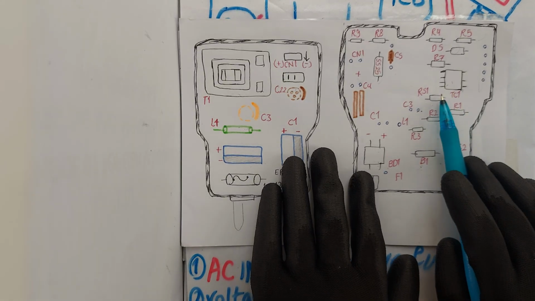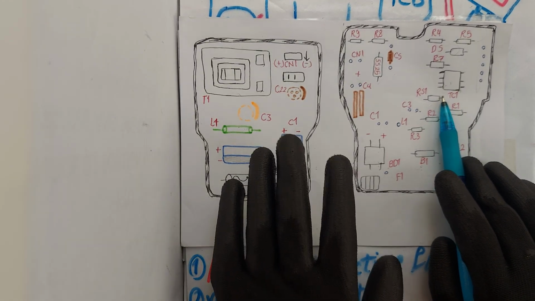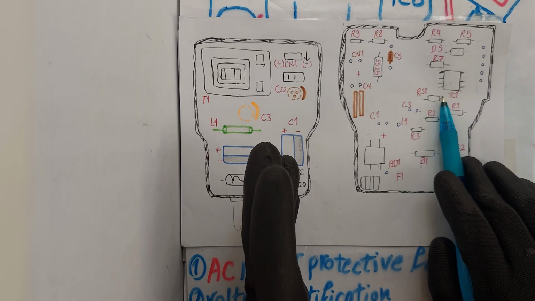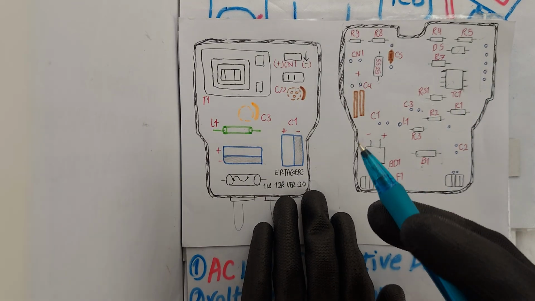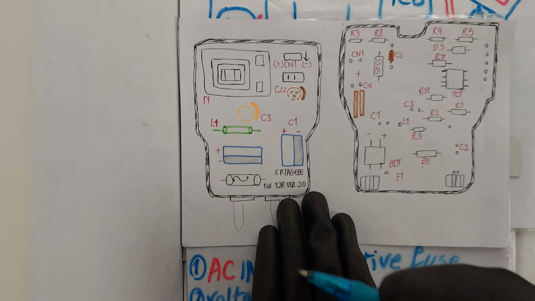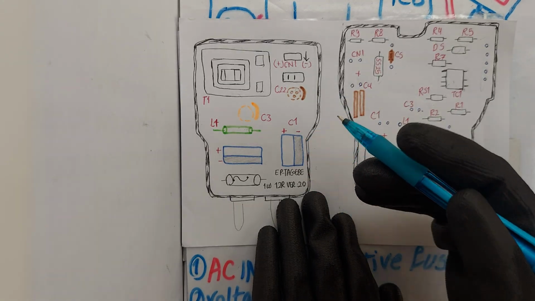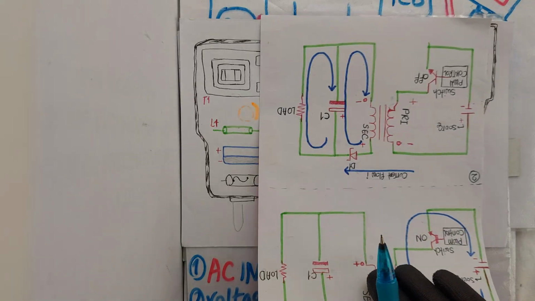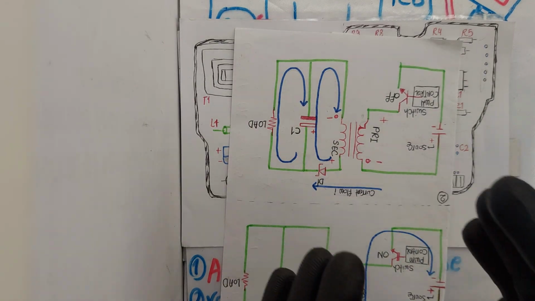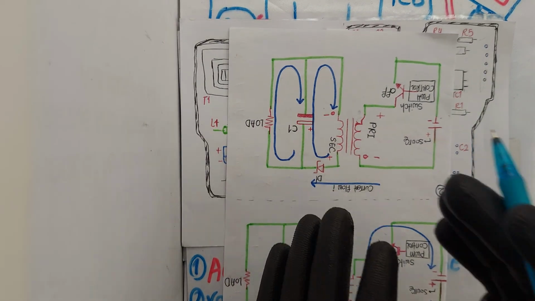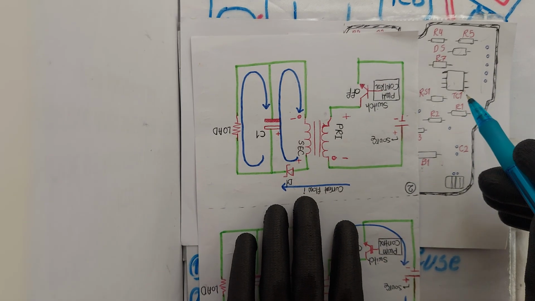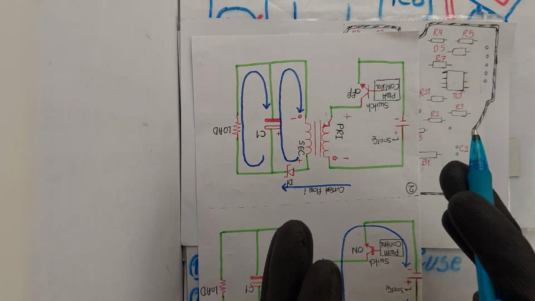When the IC's internal switch is on, energy is stored in the transformer's primary coil. When it's off, this energy is transferred to the secondary coil and converted to a lower voltage. Thus the entire switching and voltage conversion process is handled by this IC alone, as you can see here, without needing an external transistor.